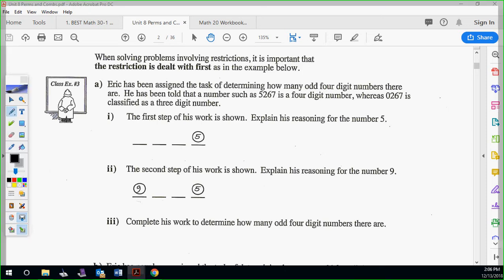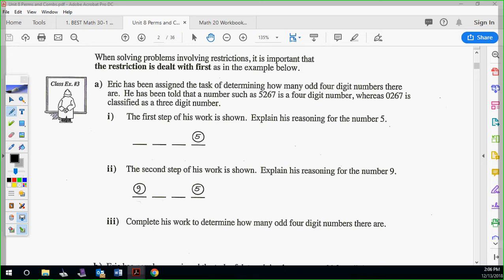Okay, so Eric has been assigned the task of determining how many odd 4-digit numbers there are. So just a 4-digit number like 1201, 1365. An odd 4-digit number. Okay, not the numbers within, just that it's an odd number.